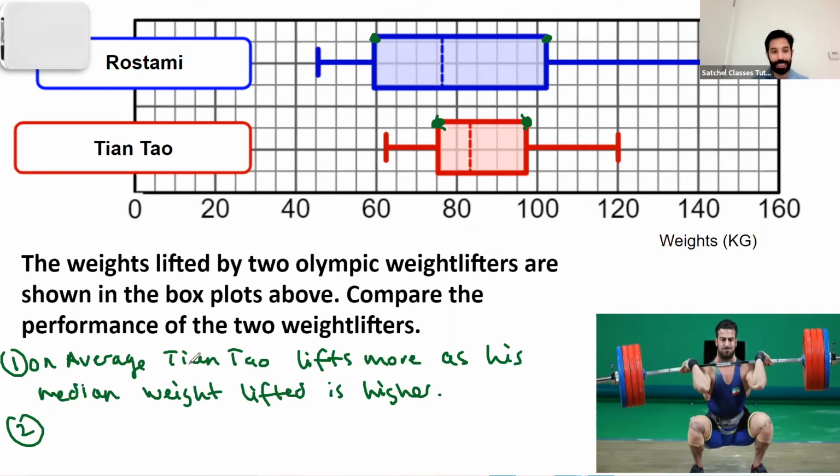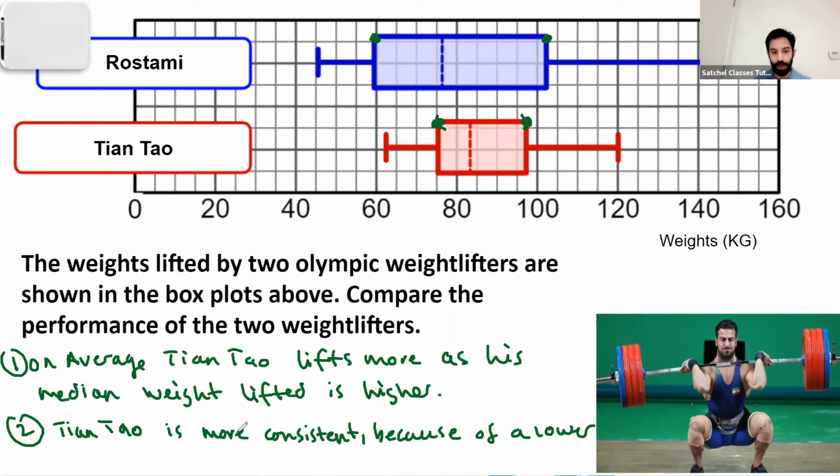So we can say Tien Tao is more consistent because of a lower interquartile range. And if you wish, you can make that calculation as well.